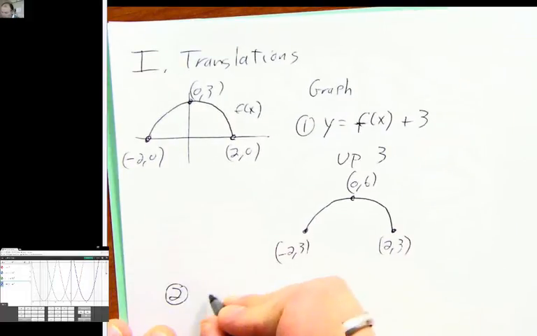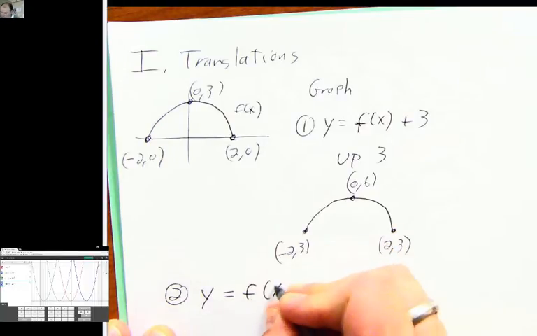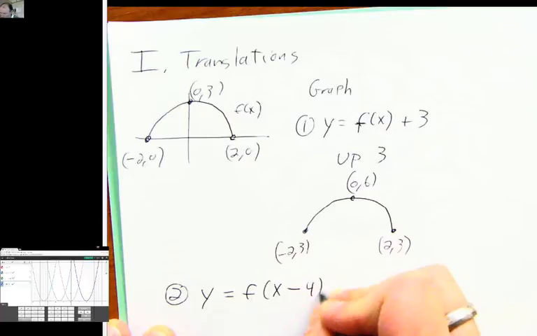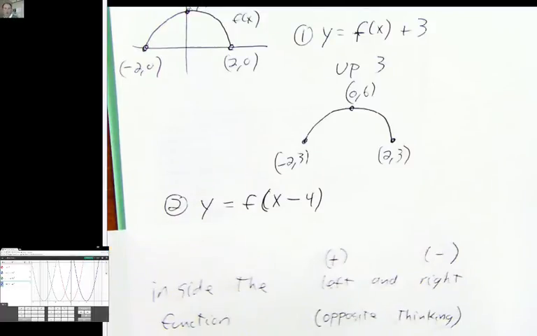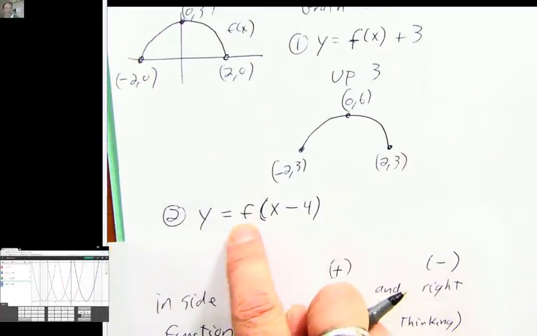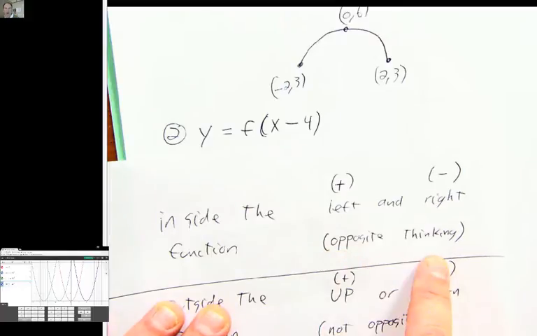Example number 2. What if it said y equals f of x minus 4? Well, this is inside the function. It is inside the function of x. And when it's inside the function, this is when you do opposite thinking.